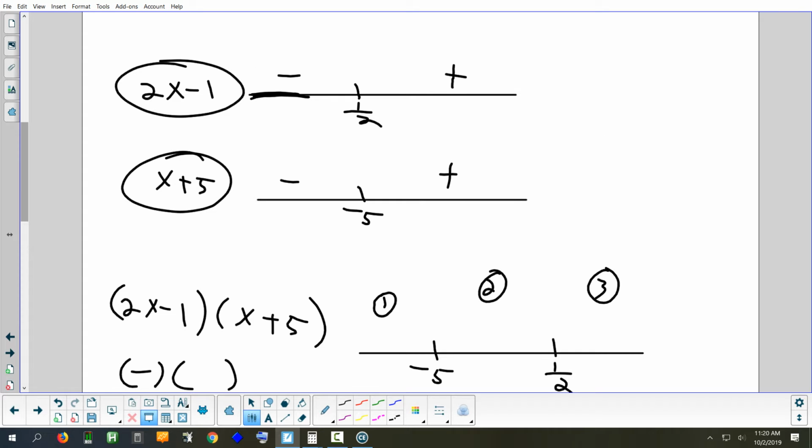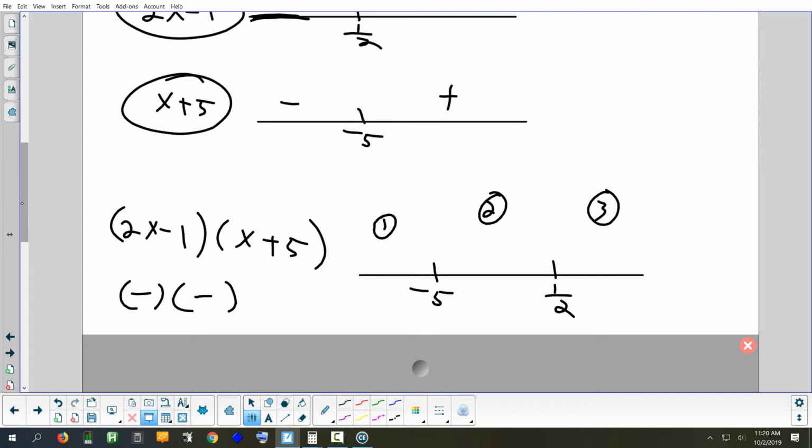What if you're less than -5 in the bottom one? What section are you in? Yeah, you're in the negative. So if you pick a number less than -5, you're in the negatives in this one, you're in the negatives in this one, and a negative times a negative would give you a positive.